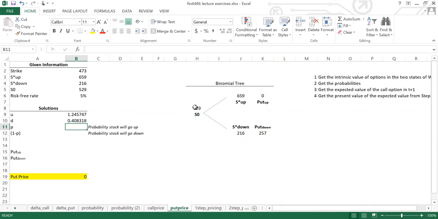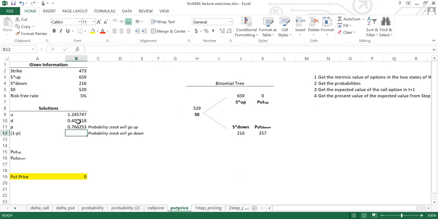Finally, if you watched the earlier part of this video, you have the formula of the probability, so we can use it here, which is basically 1 plus r minus down, and then we close all of this numerator in a parenthesis, and then we divide this by up minus down, and that is the probability of the stock price moving up in this particular setting.